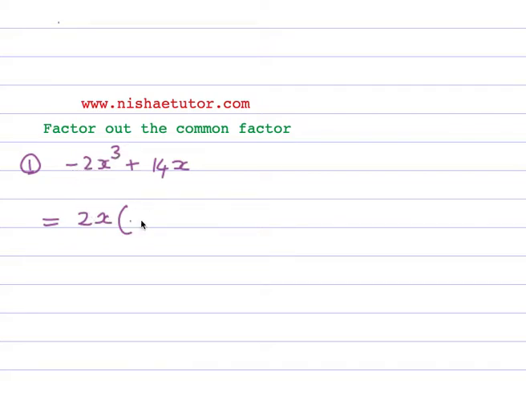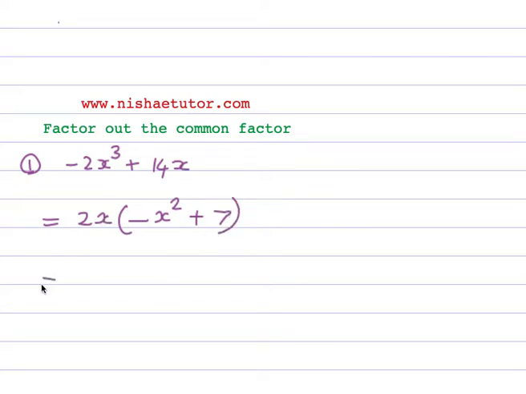So negative is left here. And here we took 1x, so the rest of the x is x square, plus 14x. We already took out 2, so 2 times 7, and already took out x, so this is the answer.